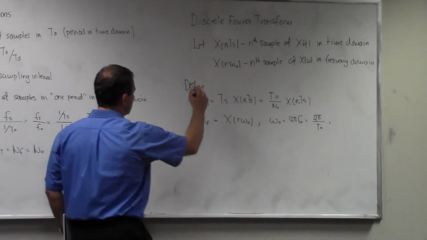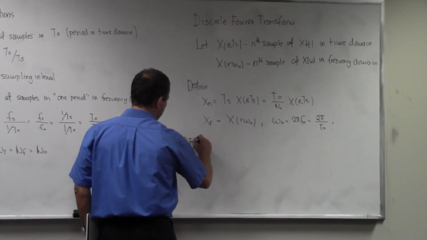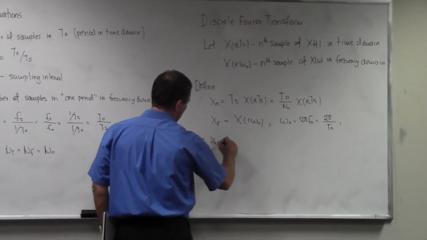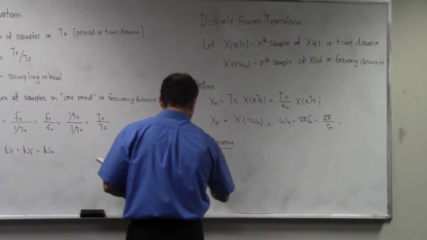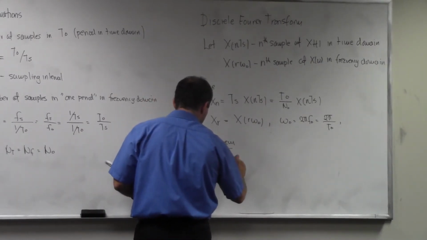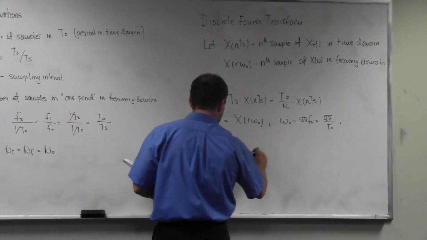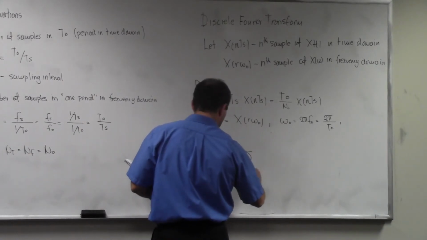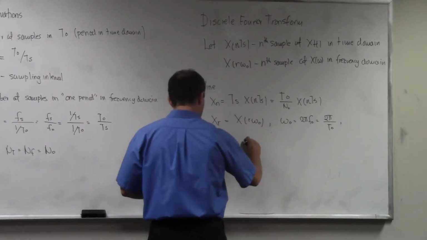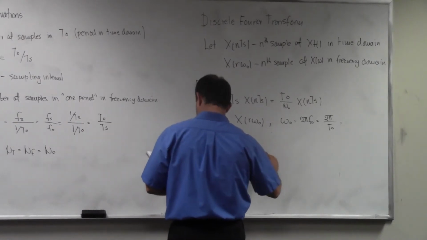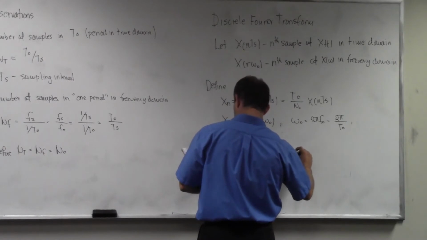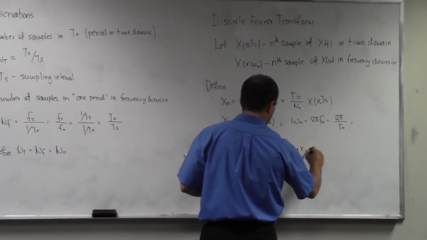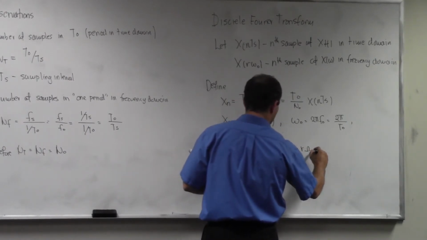So DFT theorem says this. First, xr is equal to sum when n goes from 0 to n0 minus 1, xn e to the minus j r omega 0 n.